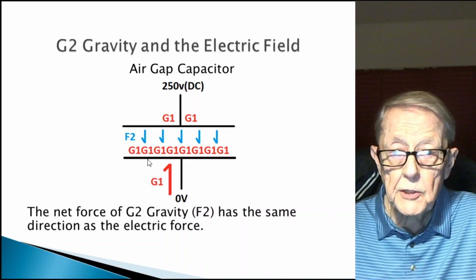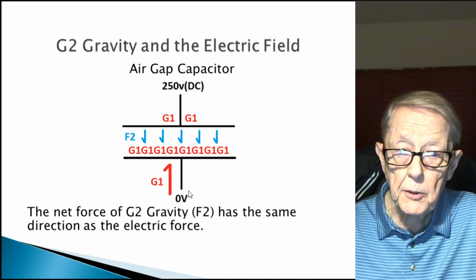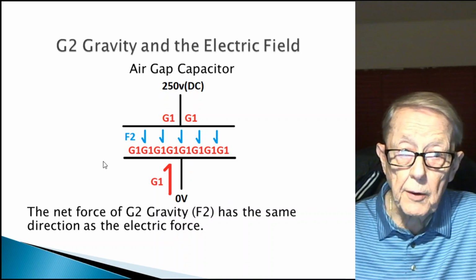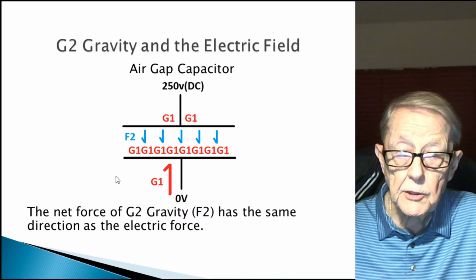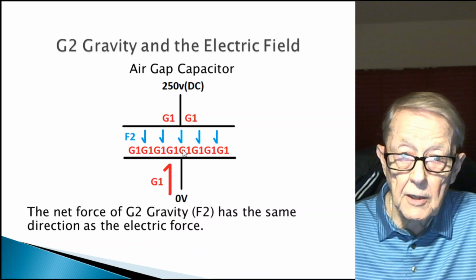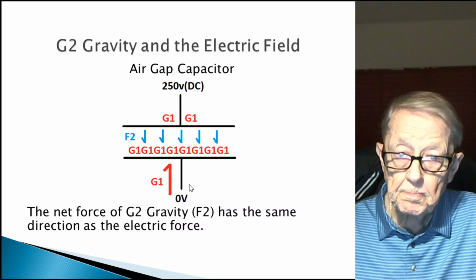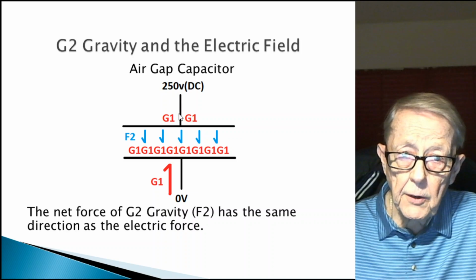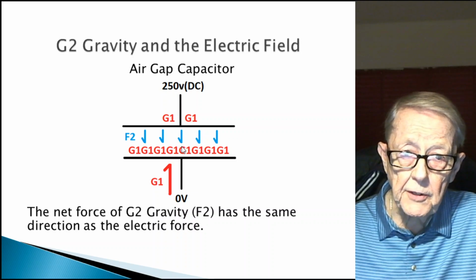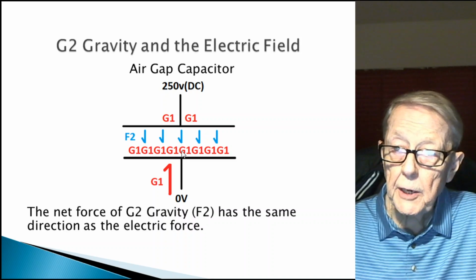Well, once you establish an excess of G1s here and fewer G1s there, you get a force field buildup, because the G2 particle is surrounding this device, coming at it from all directions. You have a lot of loss here, creating a stronger force pushing down. And the other way, you have a little bit of loss here, having a smaller force pushing up.